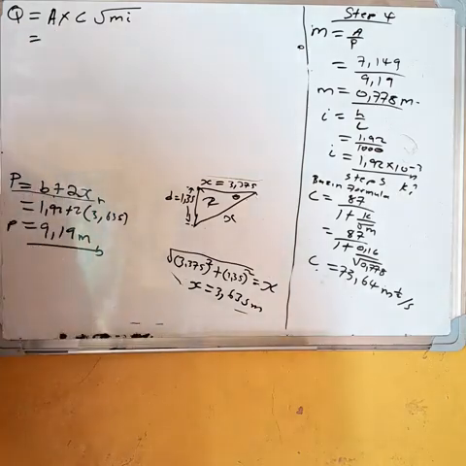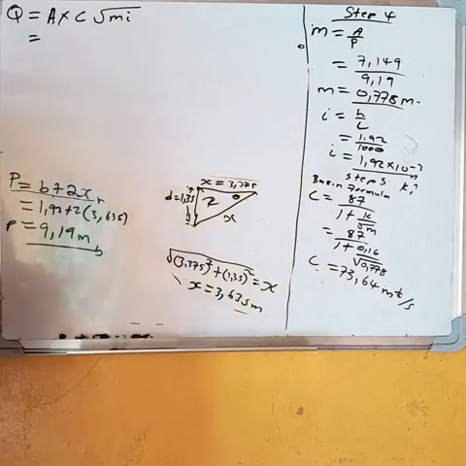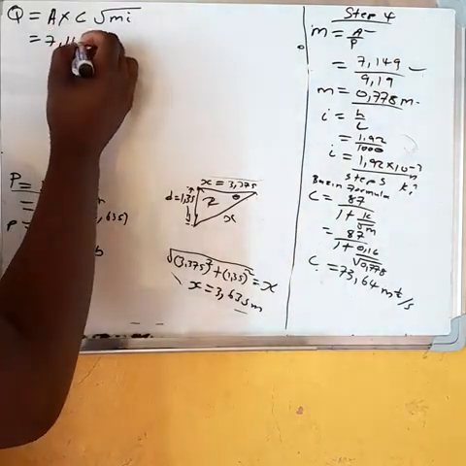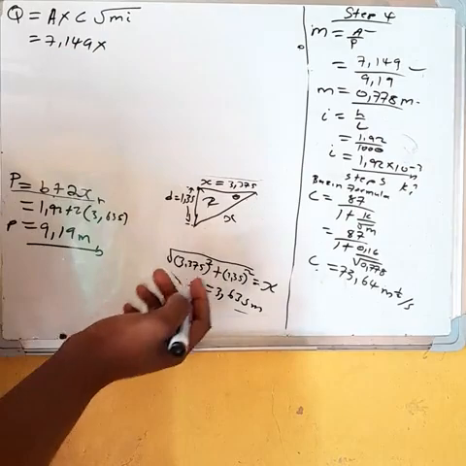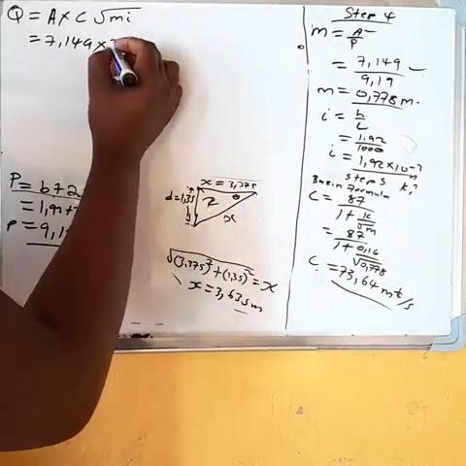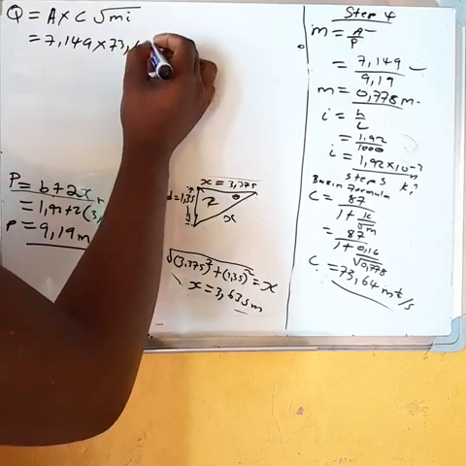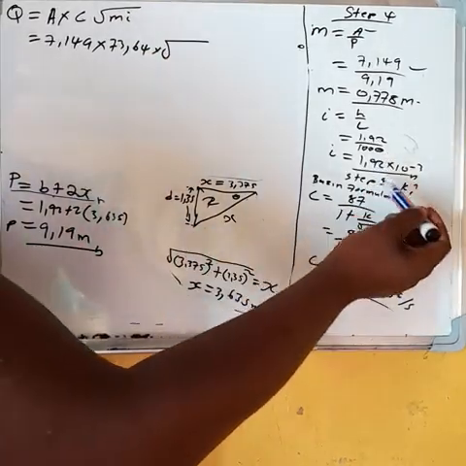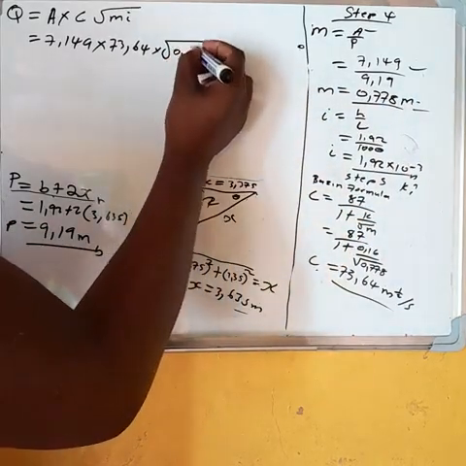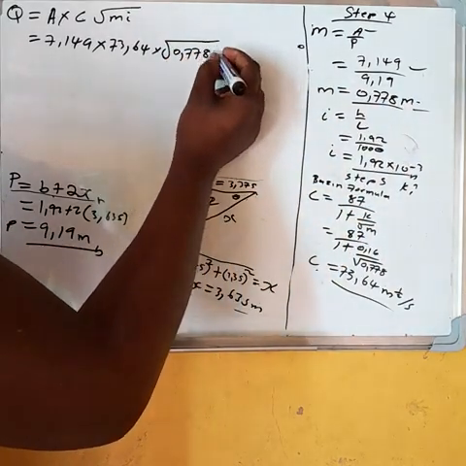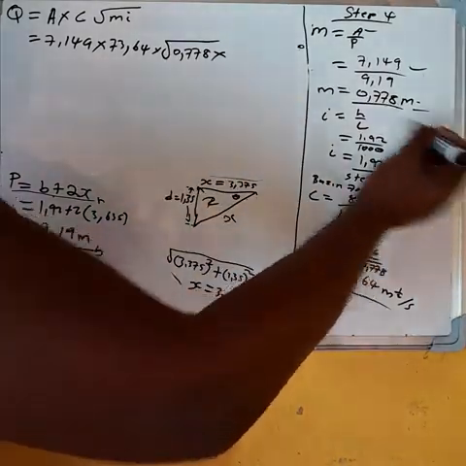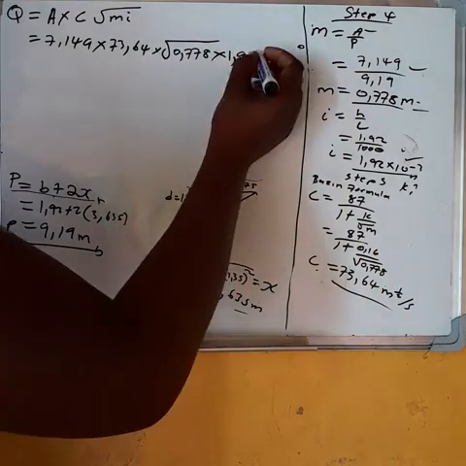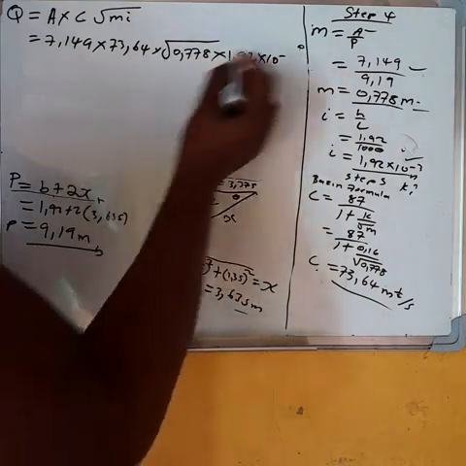So it's area. We did calculate the area. You can take that area as it is there, 7,149. C we have calculated here, 73.64, multiplied by the square root of M. We've calculated M, here it's 0.778, multiplied by I. We did calculate it, it's here, 1.92 times 10 to the minus 3.